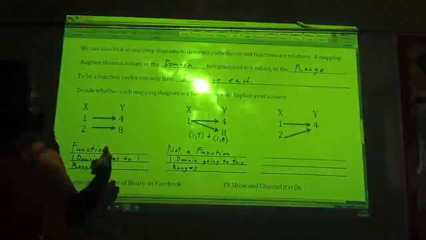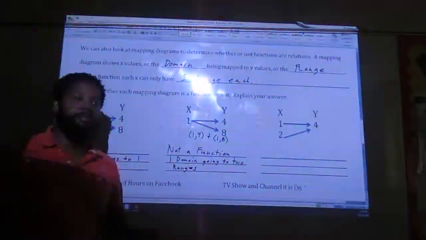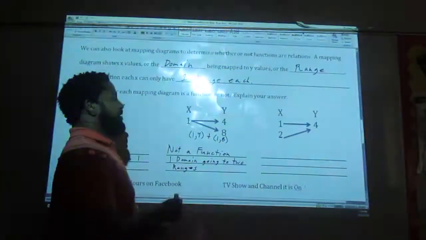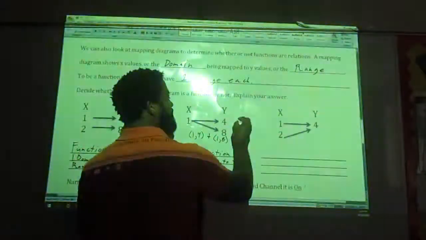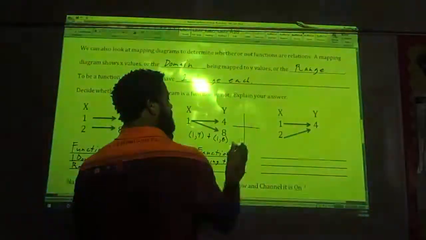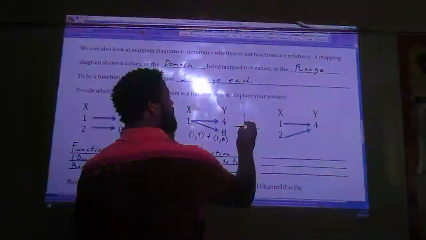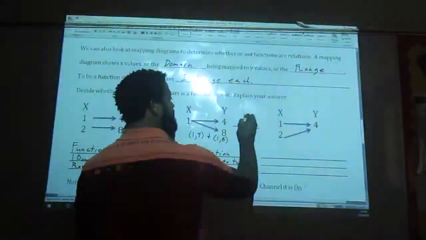If I were to put this in graph form for y'all to understand, you have (1, 4) and (1, 8), right? So if this was a graph, then you would have (1, 4) and (1, 8).